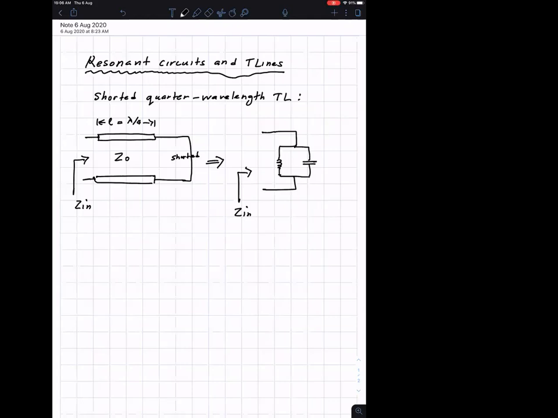This kind of application has some practical use in RF microwave circuits. We will look at that later.